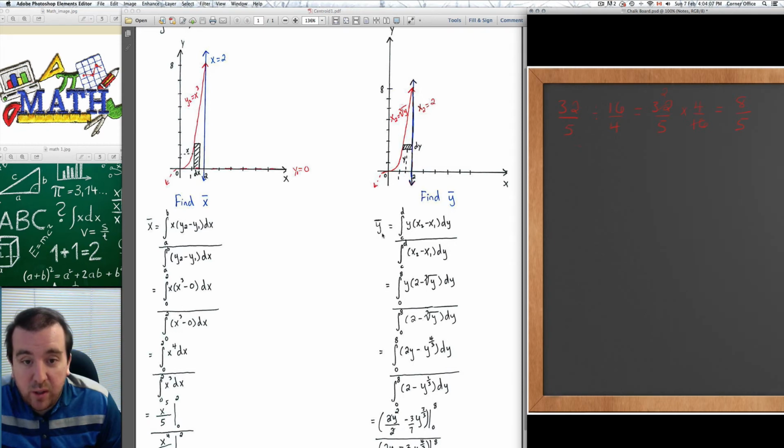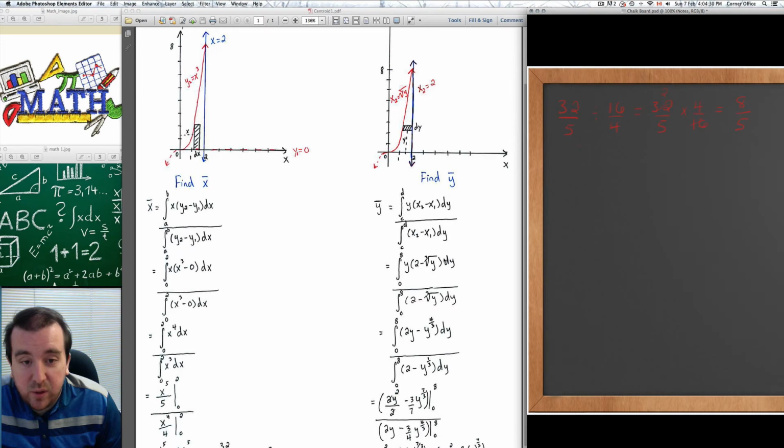So when we look at y bar, we do y bar equals the integral of c to d. Those are our limits of integration from bottom c to top d of y times x2 minus x1. That's our right function, take away our left function this time, dy. And then we have the integral of c to d again, x2 minus x1 dy here.